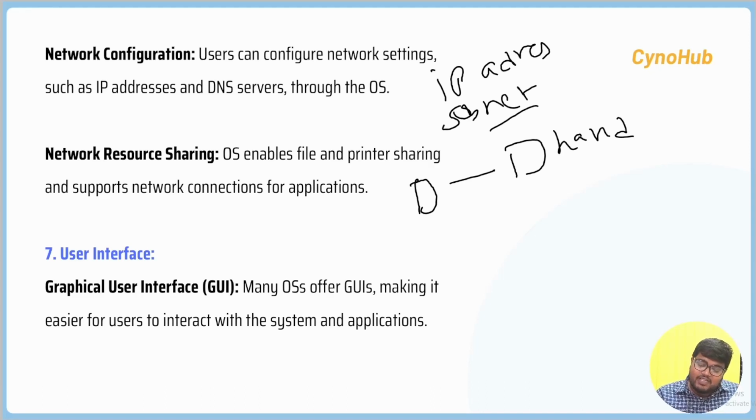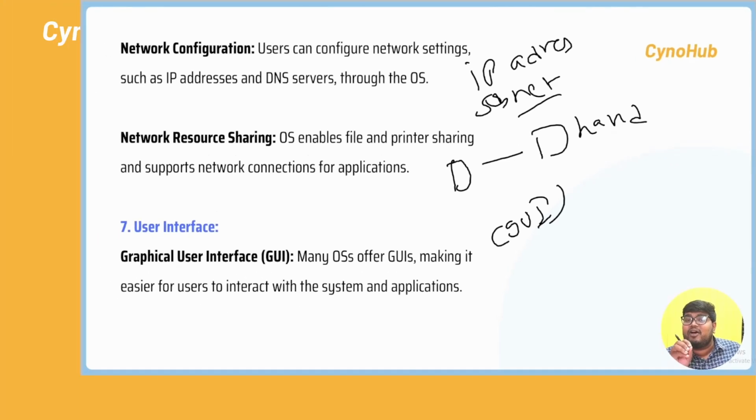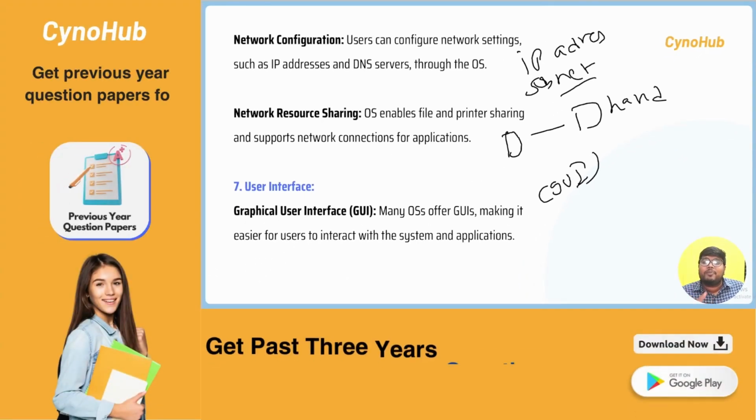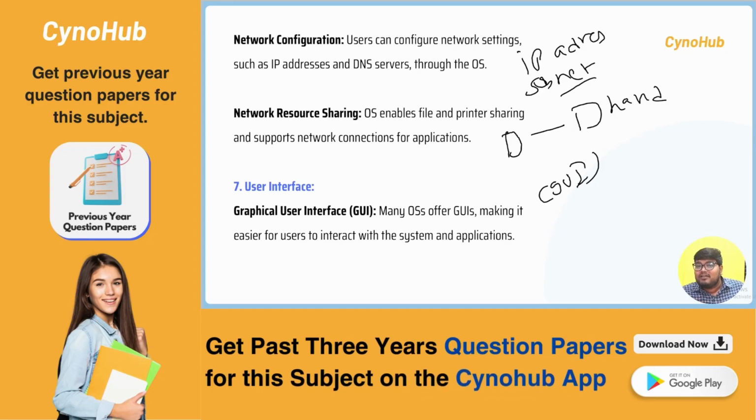Next one is user interface, that is, the graphical user interface. In simple terms, whenever you click on a folder or open an image with a mouse, that is a graphical user interface. The user feels friendly when opening a file. Previously there were command line operating systems, where to open a file you had to type the file name.